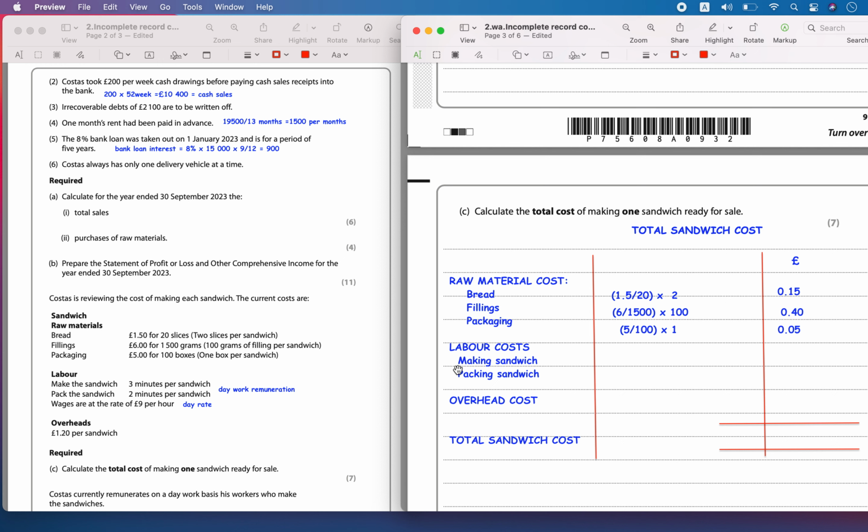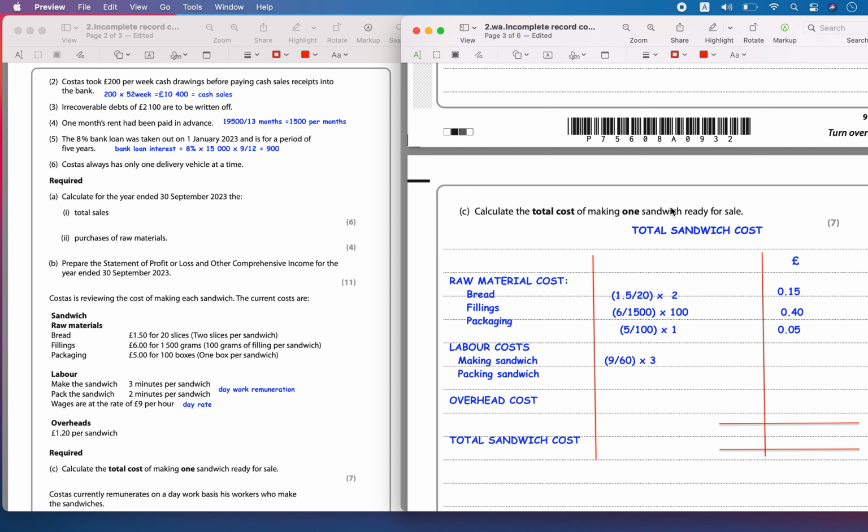Okay, then let's calculate the labor cost, which is for making the sandwich. He is paid at the rate of 9 pounds per hour, and he takes 3 minutes per sandwich. So he earns 9 pounds for 60 minutes, and for each sandwich he takes 3 minutes, so times 3.